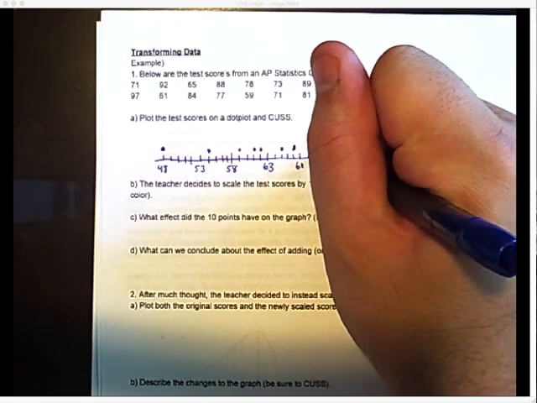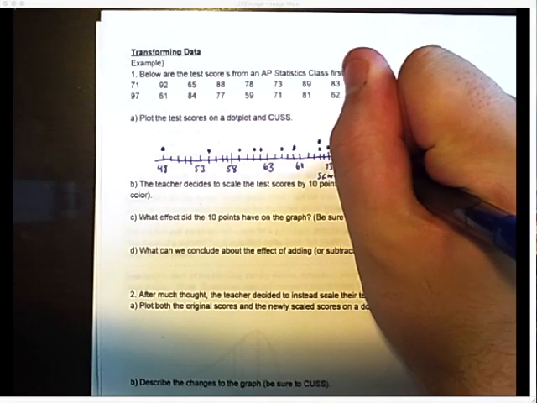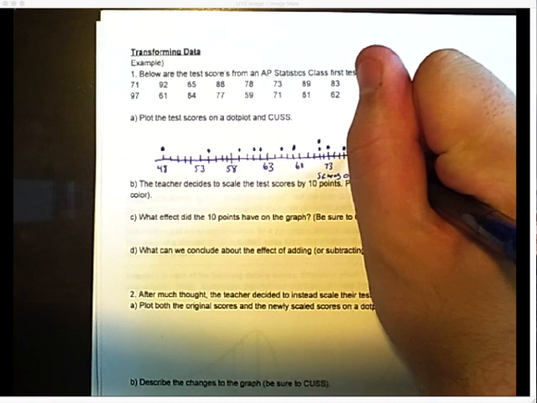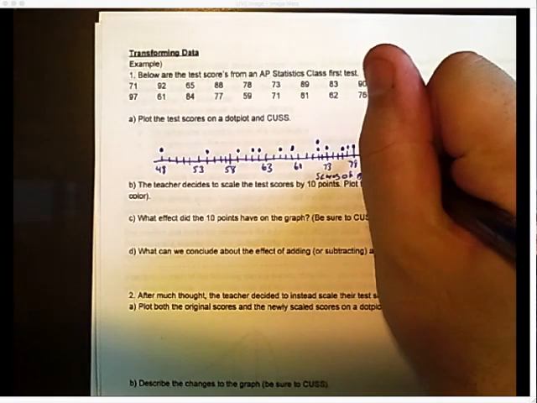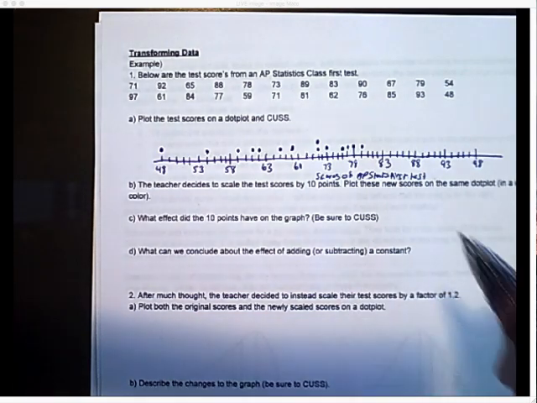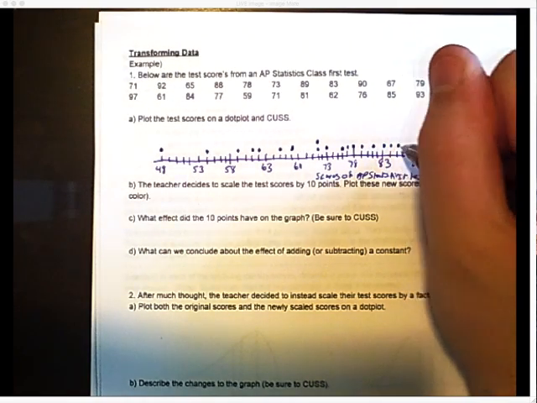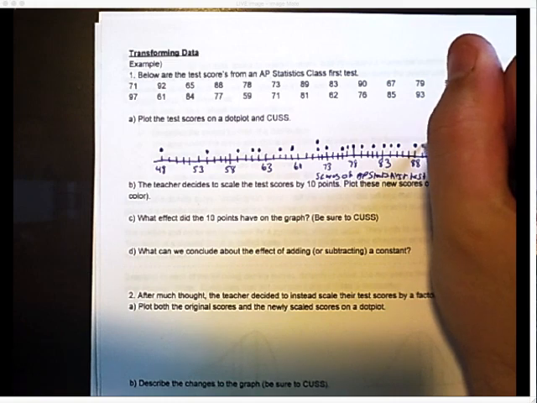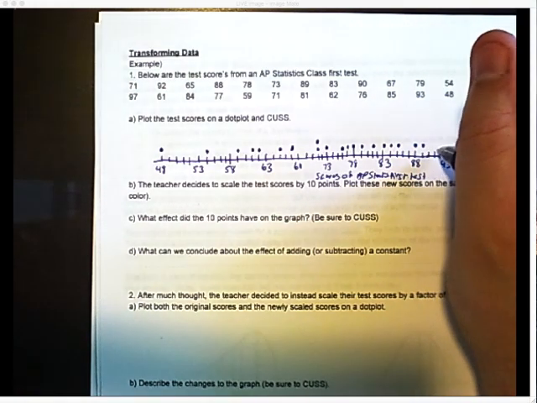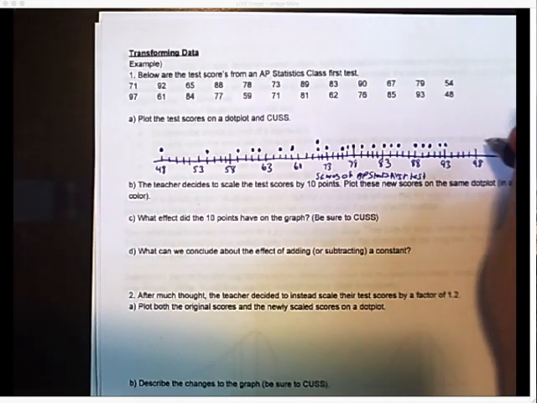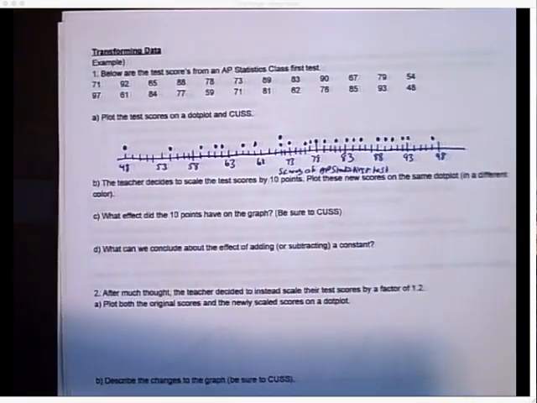Then 73, 74, 75, 76, 77, 78, 79, 81, 83, 84, 85, 88, 89, 90, 92, 93, 97. Okay, so there's my dot plot.